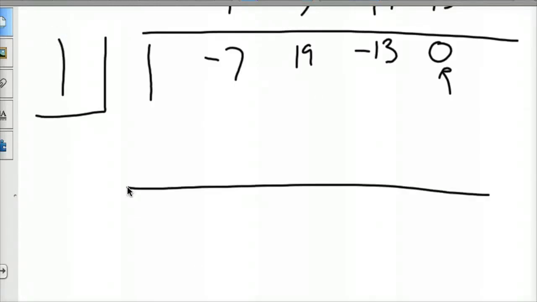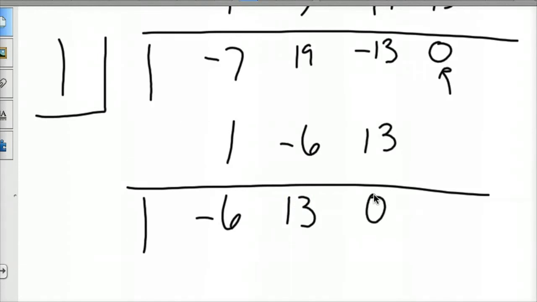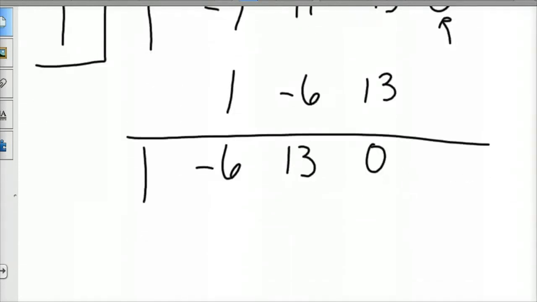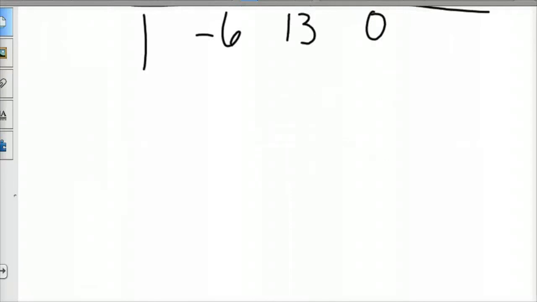Bring down your first term, which is 1. Then you got negative 6. And then you got negative 6. And then you got 13. And then 13 gives you another remainder of 0. So again, we did it right. That's a good thing. So we've divided it 3 times by x minus 1, and we're down to the polynomial x squared minus 6x plus 13.